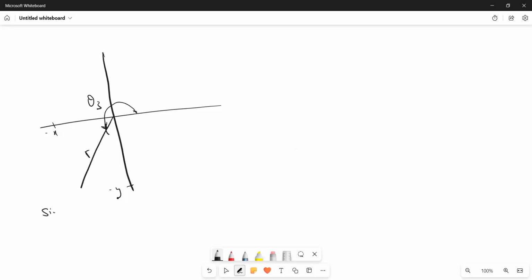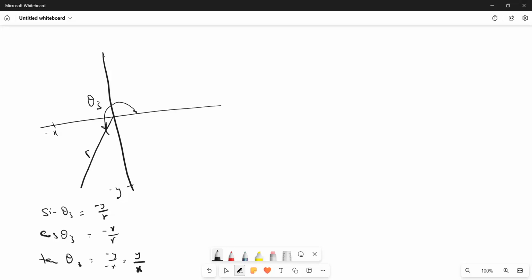The ratios remain the same. So the sine of theta 3 is minus y over r. Notice, negative. Cosine of that angle is minus x over r, negative again. And the tangent of theta 3 is minus y over minus x, which makes it positive.